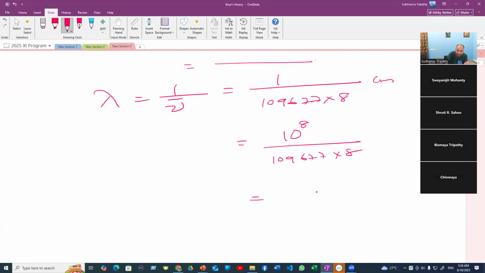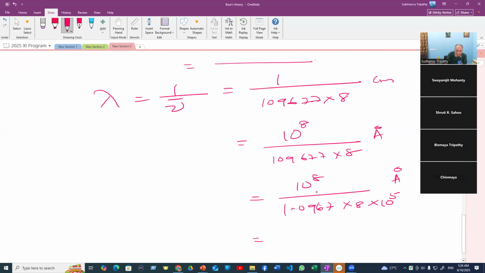Here, this is angstrom. We can make it a little simpler: 1.09, then forget about 677, into 8 into 1, 2, 3, 4, 5 angstrom.